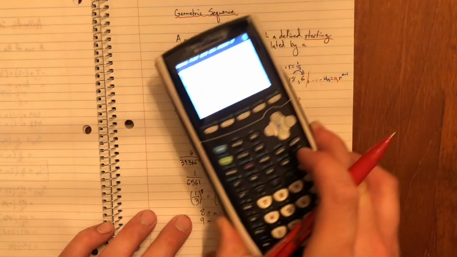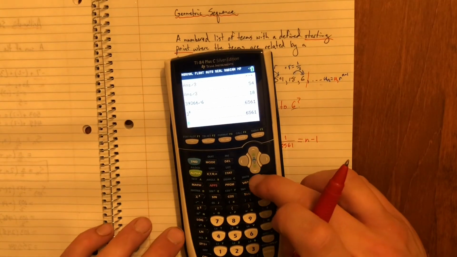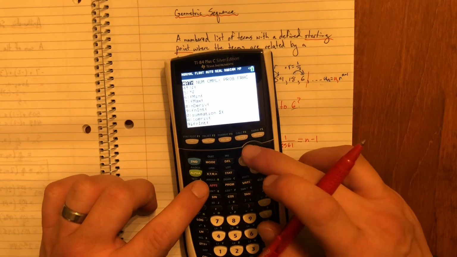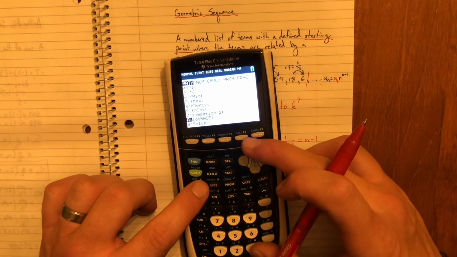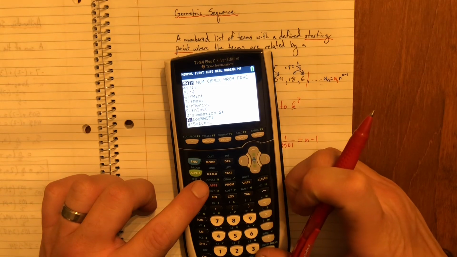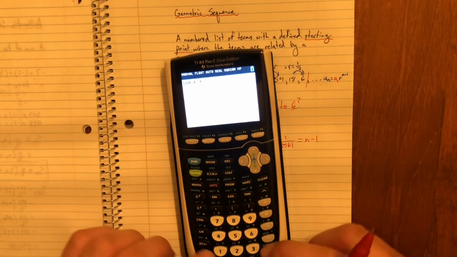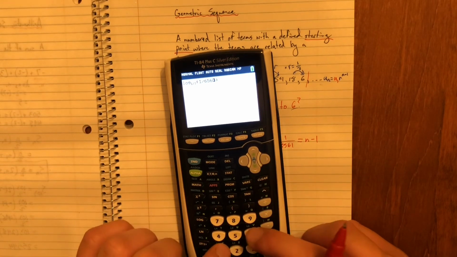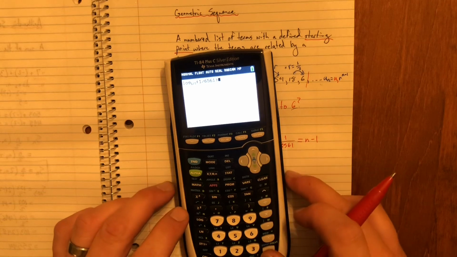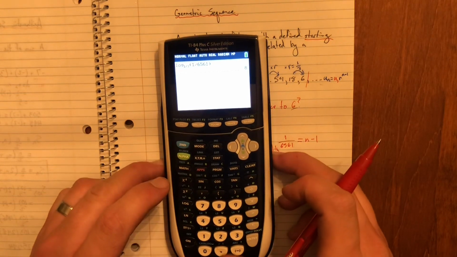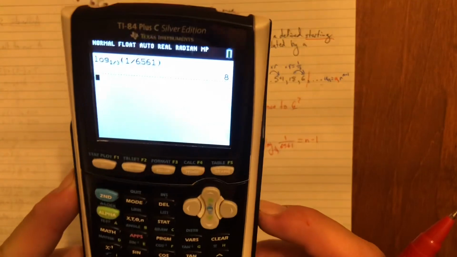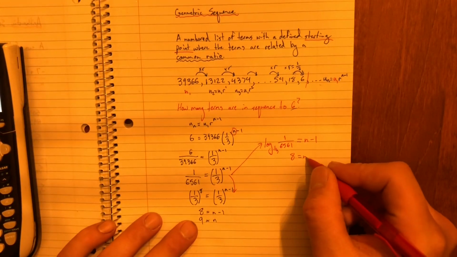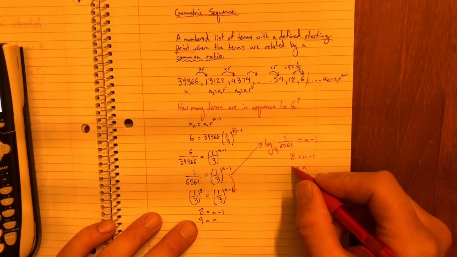Now, a quick trick on your calculators: we'll press Math, and we'll scroll up 1, and we'll see log base a. So we'll choose log base, and we'll type 1 divided by 3 as our base, and 1 divided by 6,561 as our value, and that is going to be equal to 8. I don't know if you can see it. So we would have 8 is equal to n minus 1, and once again, n is equal to 9.